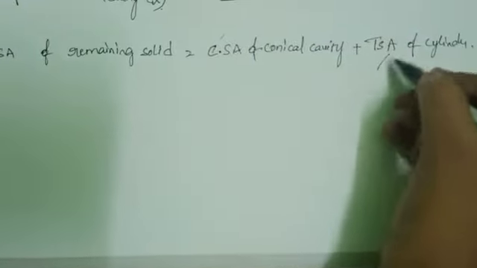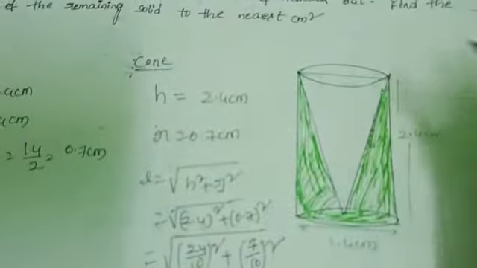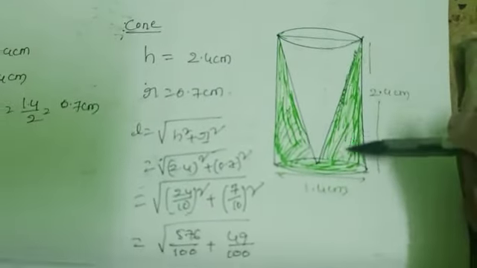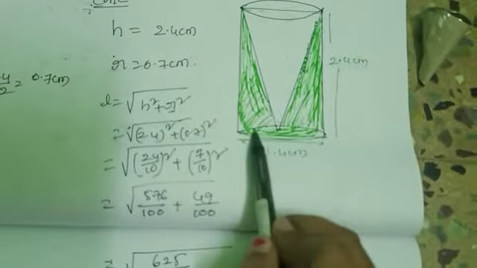Here for the total surface area, only consider the curved surface area and base area. There is no top. Okay. Only the green region, only the base and curved surface of the cylinder, and the base area.